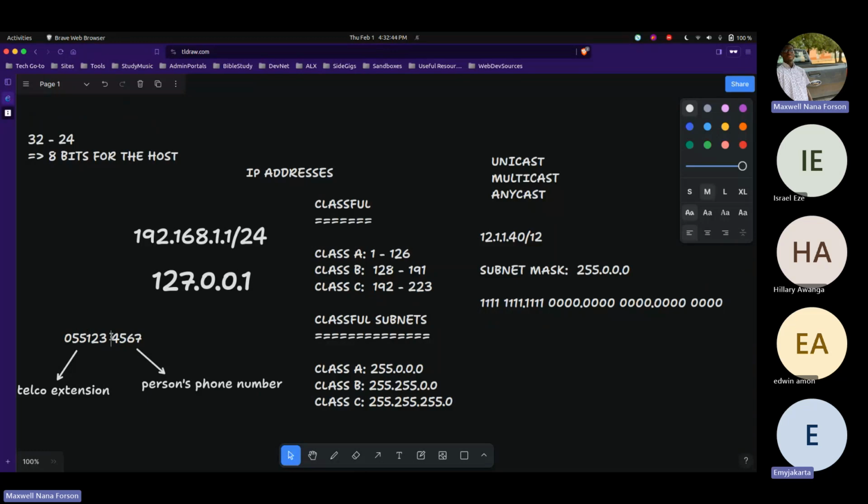So the subnet is just a way that we are able to group or to distinguish which part belongs to who. Okay, so that's what I was trying to say over here. It's just a way to determine who owns which parts of the phone number or the IP address in this case. Is that clear? Yeah, this part is clear.